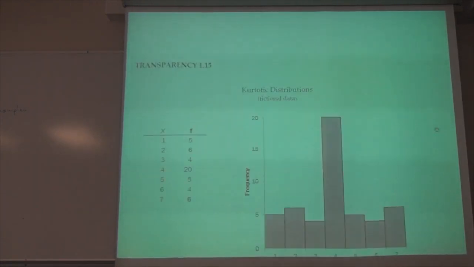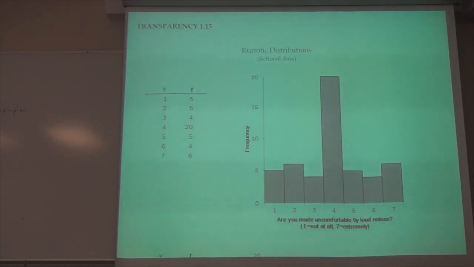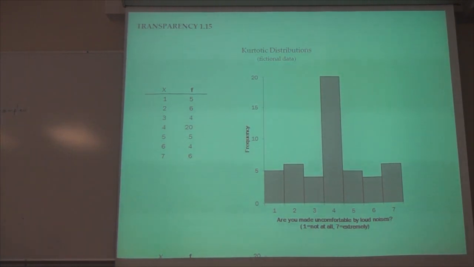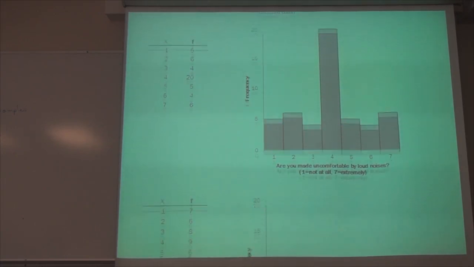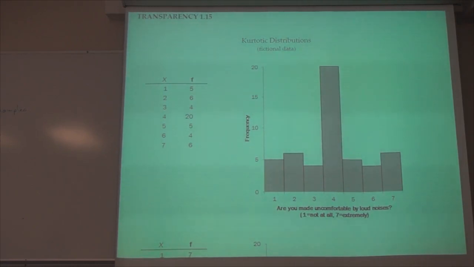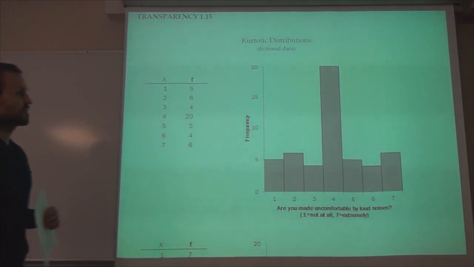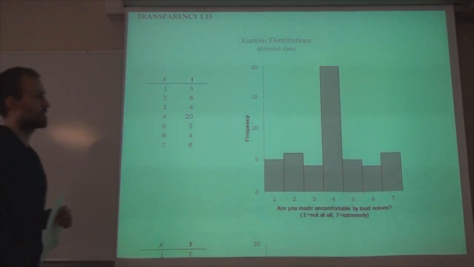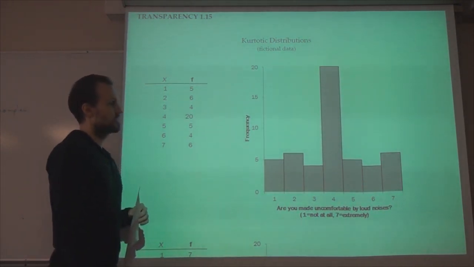So 115 is an example. Here, it's a separate example, where the survey question was, are you made uncomfortable by loud noises? And the results, which you might expect, show that most people are not bothered strongly, and it doesn't have any strong feelings in either direction.